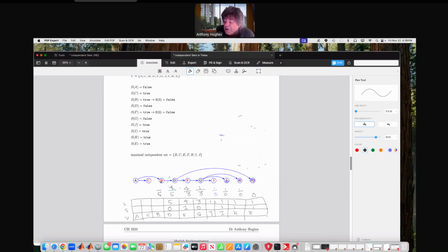If we include B, I include B itself and its grandchild, F. F is 4. You see, so F is 4, and B is 1. So that gives me 5 again. If I'm looking at this, so I get 5 and 5.